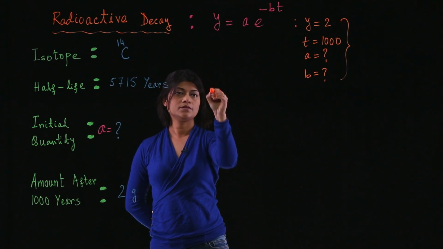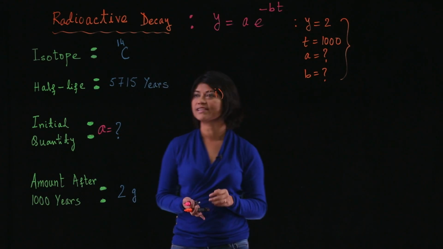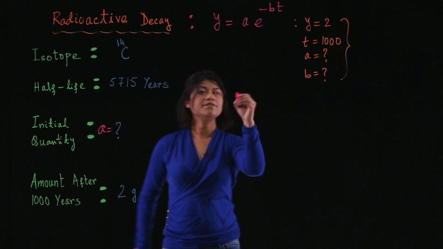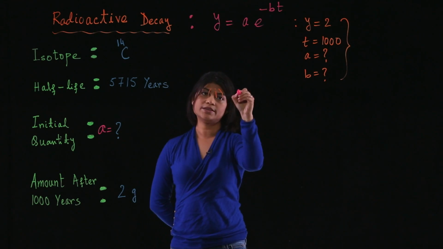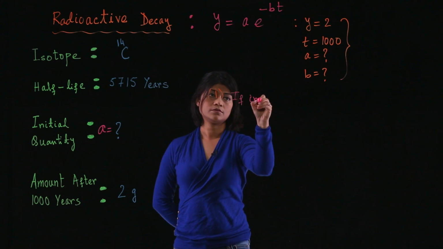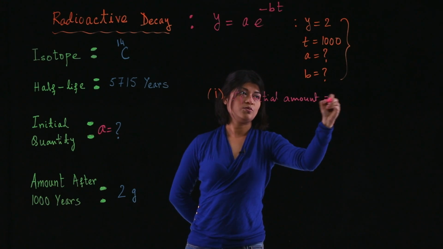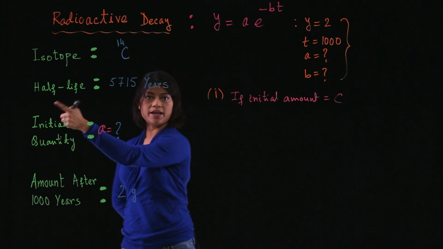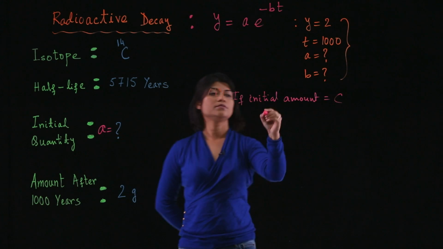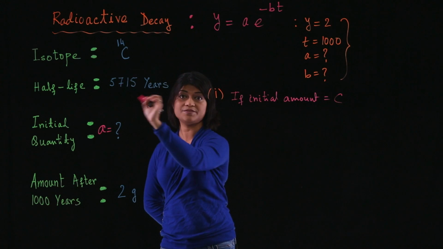Okay, so let's see what's given to us. We know that half-life is 5715 years. What does that mean? That means if you start with the quantity c, so if the initial amount of the isotope was c, half-life means when that amount has reduced to half, and the time it took to reduce it to half that amount is 5715.